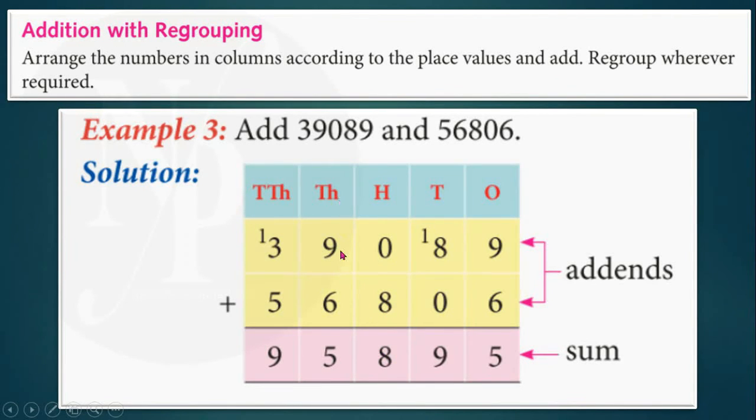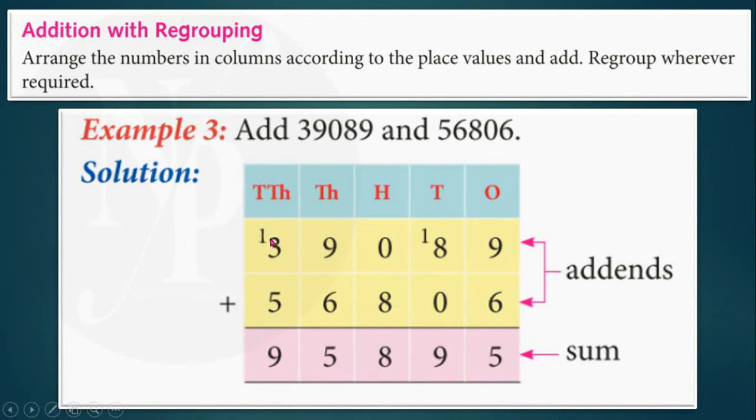Coming to thousands place, here we have 9 thousands plus 6 thousands. When we add 9 thousands and 6 thousands, we get 15 thousands. So 15 thousands can be regrouped as 1 ten-thousand and 5 thousands. So 5 is written here and 1 ten-thousand is carried forward to the ten-thousands place.